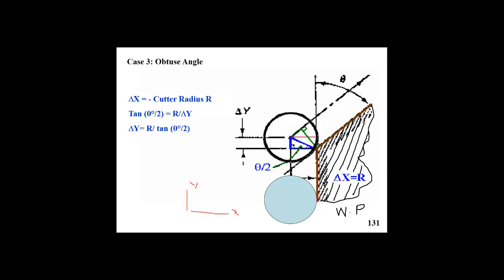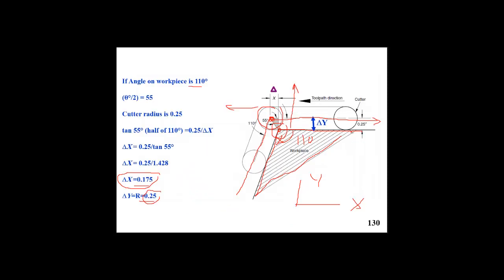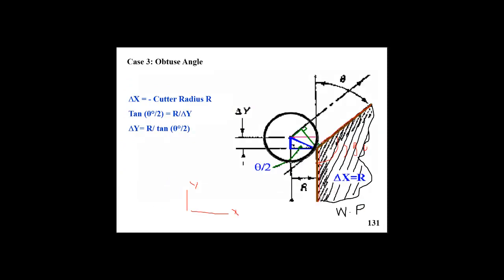The workpiece again has an obtuse angle bigger than 90 degrees, but one edge is in line with the y-axis. In the previous case, one edge was parallel with the x-axis, but here one edge is parallel with the y-axis.